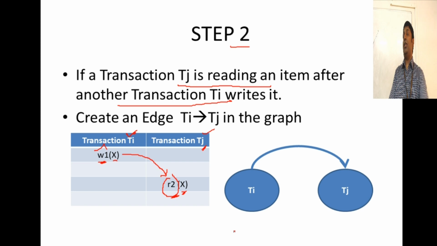Why do we construct an edge here? Because Tj is reading an item written by Ti. And what item is it reading? X. So you have to denote that X also here. If you have a relationship like this in your schedule, then you construct an edge like that.